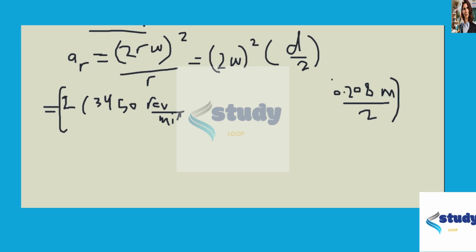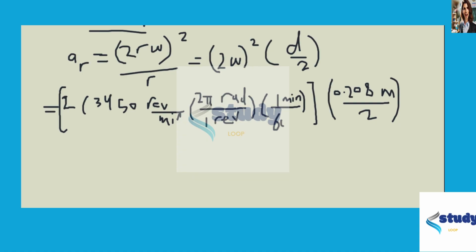And again, as we did in the previous part of the problem, in order to convert from revolution per minute to meters per second squared, which is the units of acceleration, we are going to multiply by 2 pi radians divided by 1 revolution times 1 minute divided by 60 seconds.